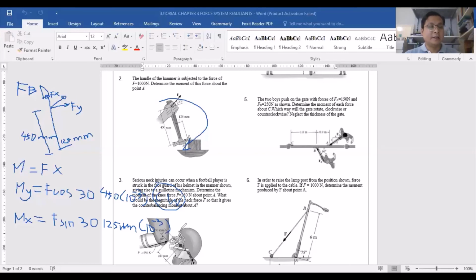Then how about the direction? Direction x times the distance here should be the same, clockwise also. So M total is all in the CW clockwise, x plus y.